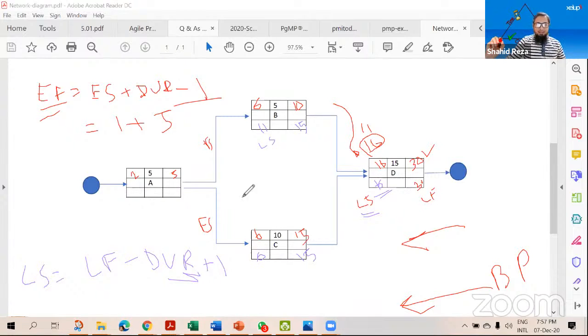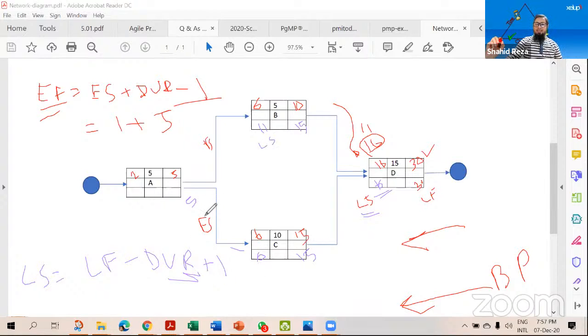All right. Now we need to find out this task's late start and late finish. But how can we find this out? If you come from this path, then late finish will be on the 5th day. But if we come from this path, that will be the 10th day.